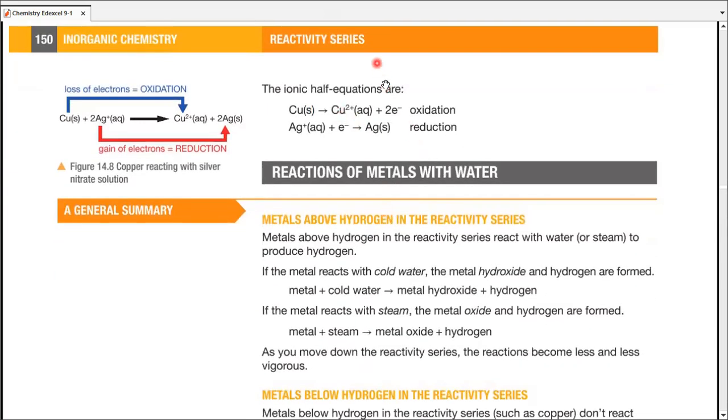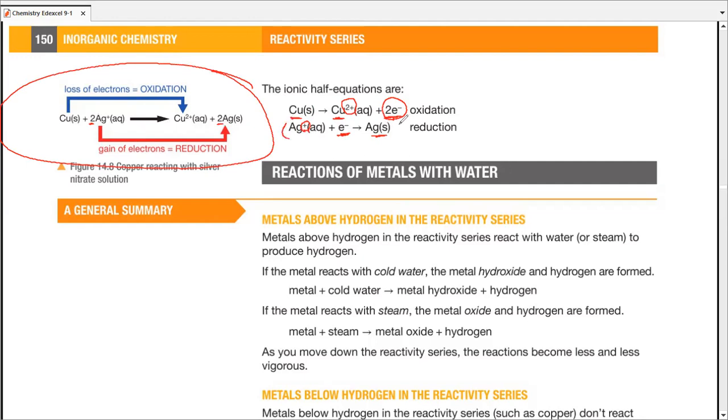Now, separating these half equations gives us the idea that since copper is going into copper plus 2 from its original state, that means there was a loss of 2 electrons, as is also shown by this charge. Silver, on the other hand, has just a positive charge, and gains 1 electron to become silver. But in order to balance the whole equation, since this is losing 2 electrons and this is gaining 1, we put 2 before silver to make sure the whole equation is balanced.